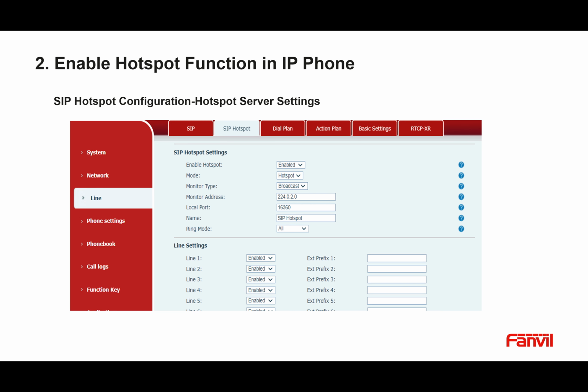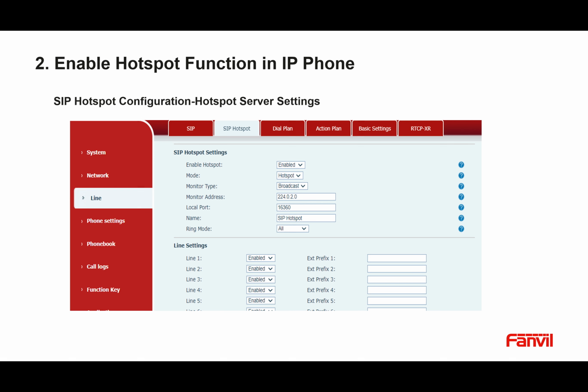Next, enable SIP hotspot functions on the phone. Set enable hotspot here in the setting, and for the mode you should select hotspot. Monitor type. The monitor type can be broadcast or multicast.